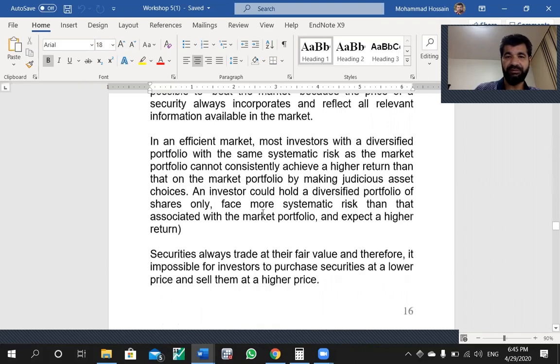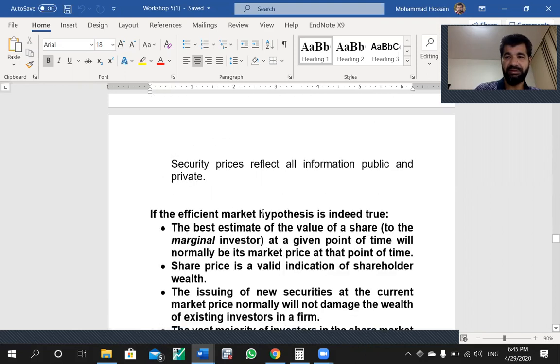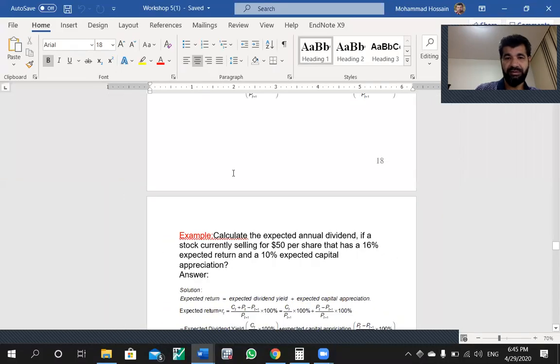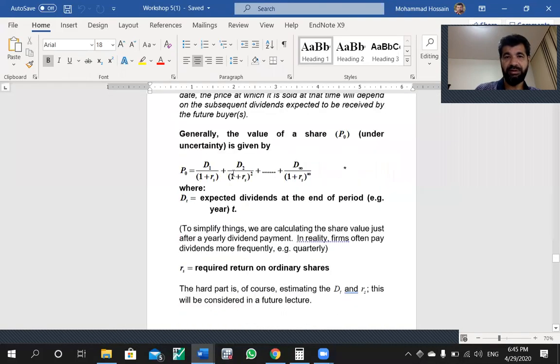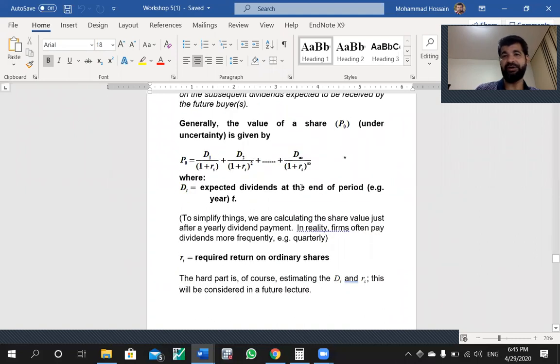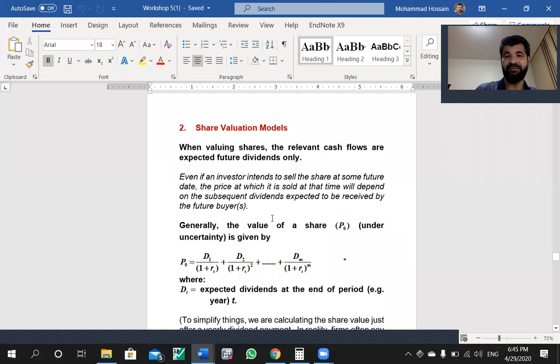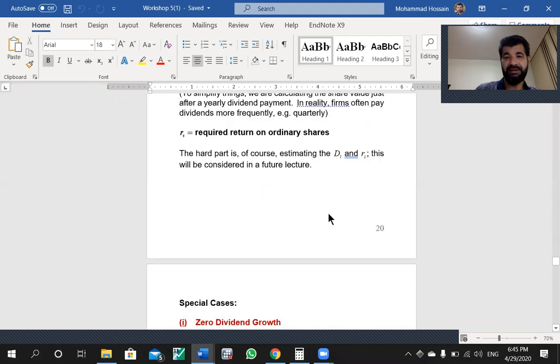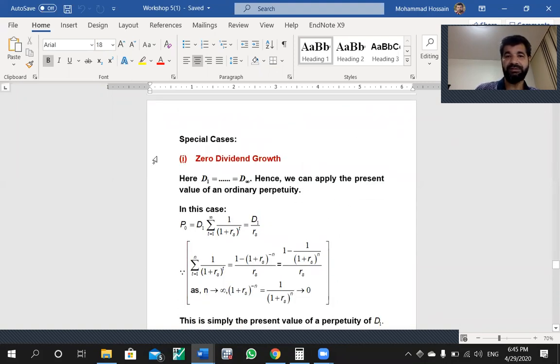Share valuation: this is our normal dividend one, not the growth rate. Share valuation using the dividend method: future dividend one is calculated back, as in zero dividend growth. So this is not the one.